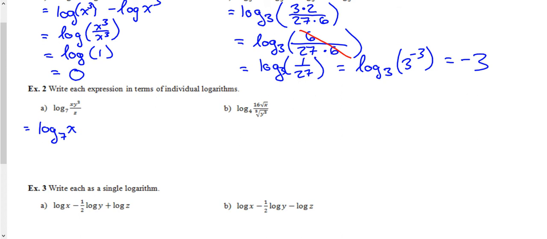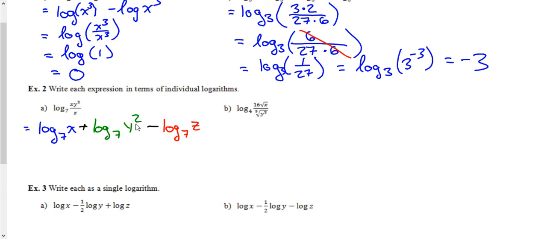So let's put our addition sign right there. We're going to add on log base 7 of y squared. I believe that's a y squared. And the division statement means we subtract, so I'm going to go subtraction after all this. That's going to be subtraction of log base 7 of z. And there we go. We have our equation.